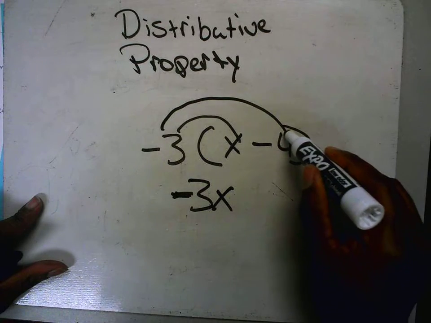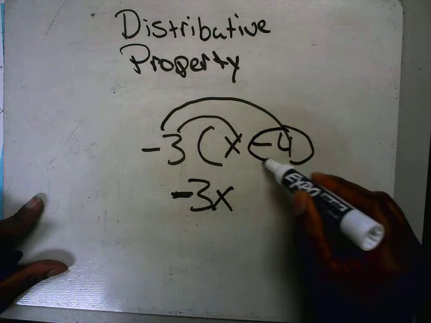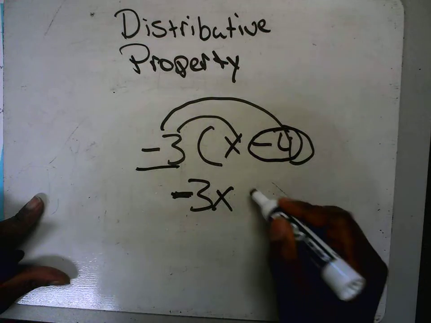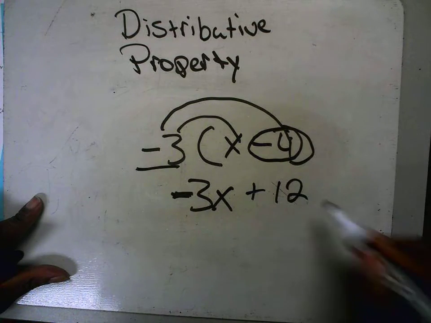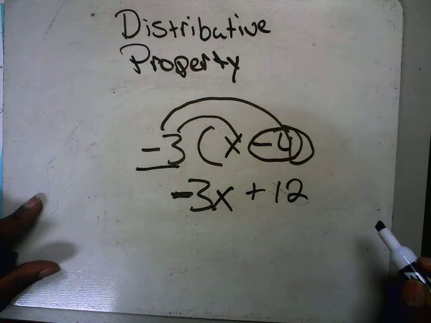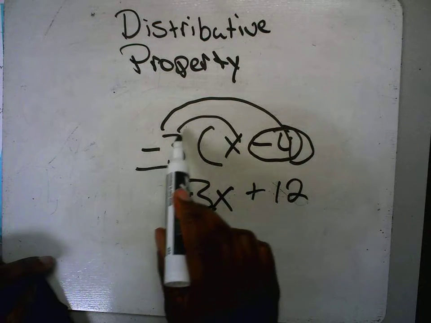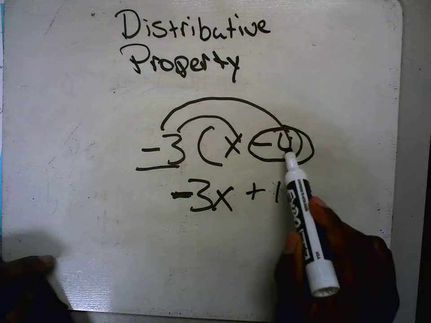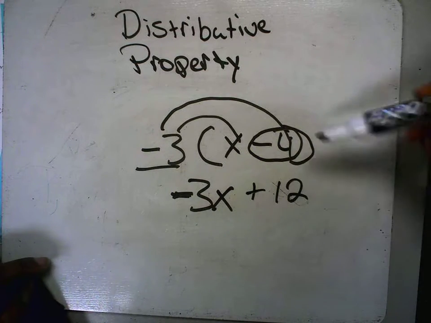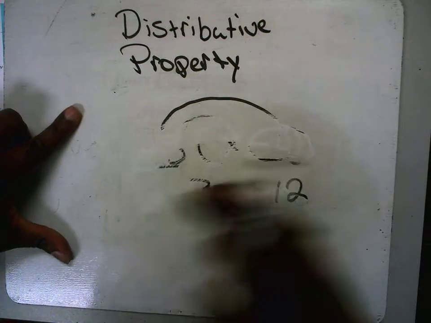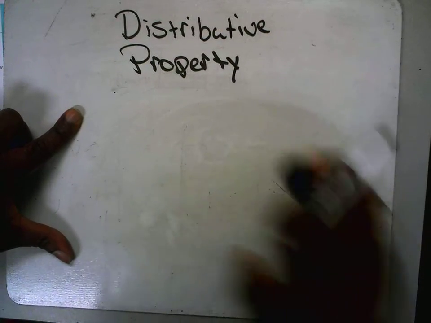We'll take the sign in front. So that's going to be negative 3 times negative 4, positive 12. So when you multiply, take that negative sign with you and take the sign in front of the number. A negative times a negative is a positive. You get positive 12.